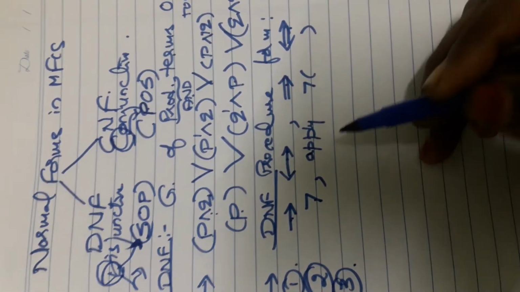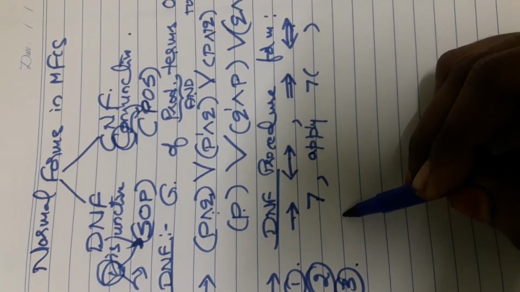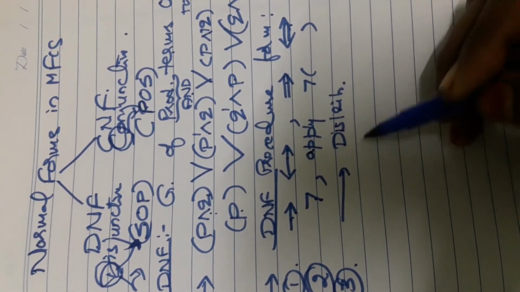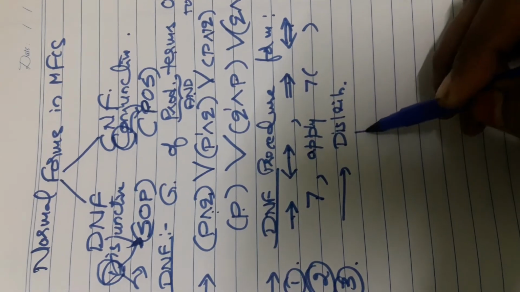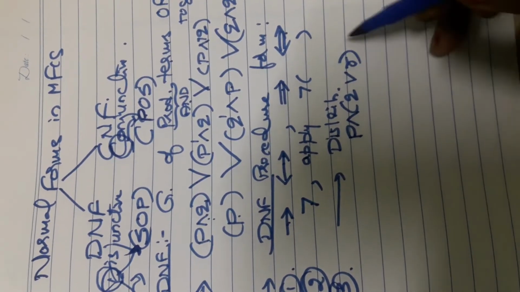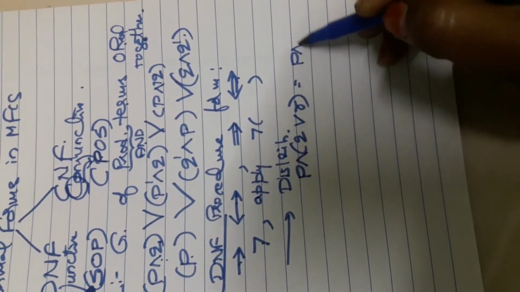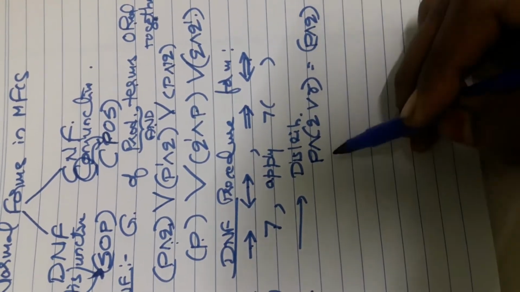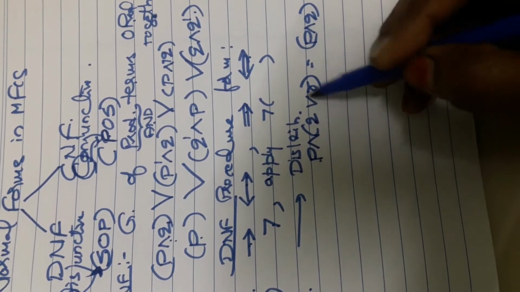Next, to obtain the DNF form, apply the distributive law. What does distributive law mean? For example, if P and (Q or R) is there, then you can write it as (P and Q) or (P and R).